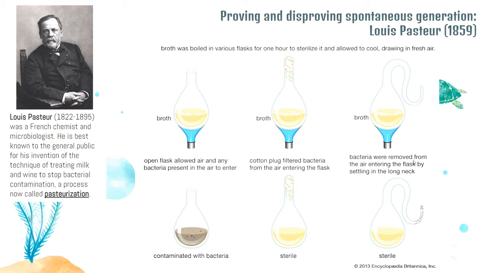Okay? Bacteria were removed from the air entering the flask. Okay? And they were only found settled near the opening, near the tip of the neck. Okay? And as expected, even if it was open, the bacteria cannot go in. The broth remains sterile even after several days.